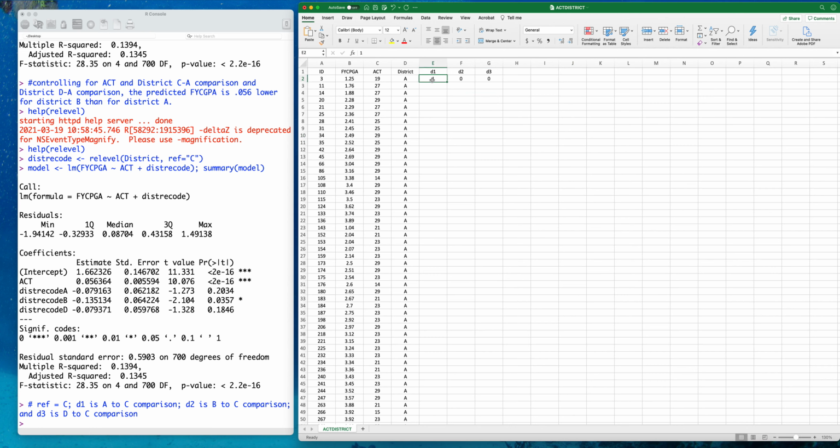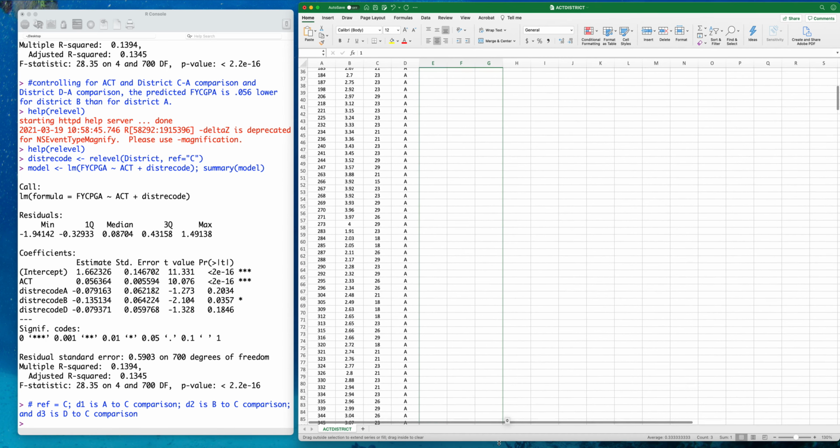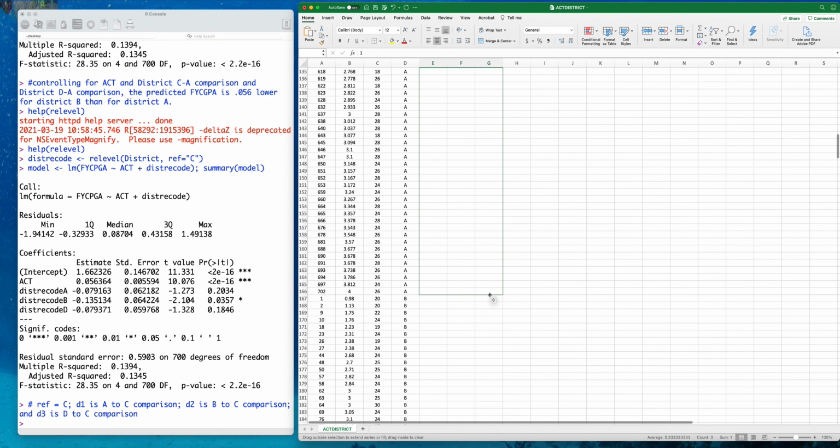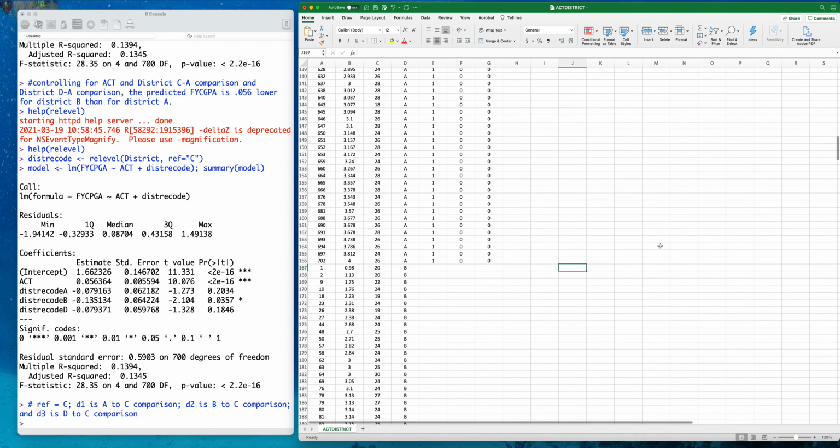Now, the beauty of it is all of my A's are going to be the same structure. All right, what do I want for B's? Well, it should be pretty obvious that I want my dummy 2, because the dummy 2 is B to C comparison.